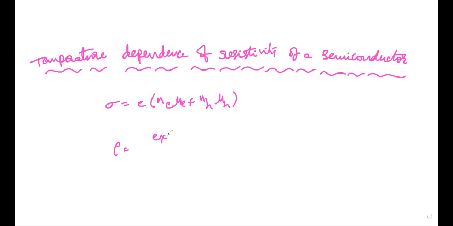rho is equal to your equation, exp of E_g by 2 k_B T, whole divided by e into (mu_e plus mu_h) n T power 3 by 2.